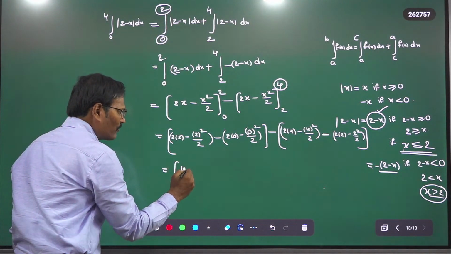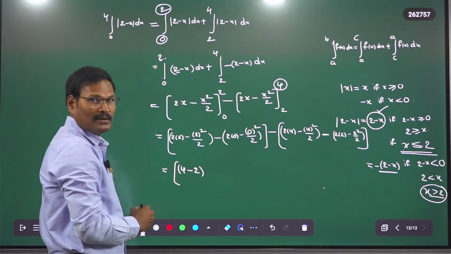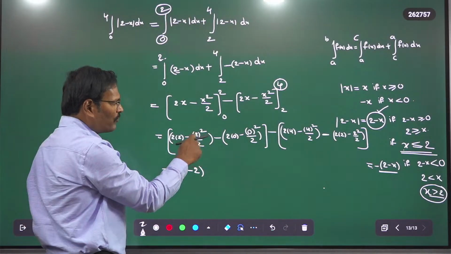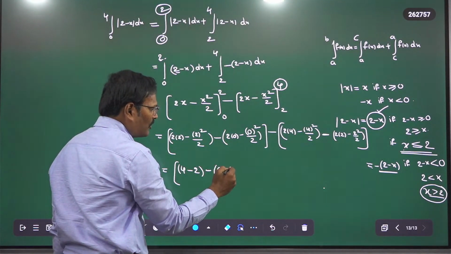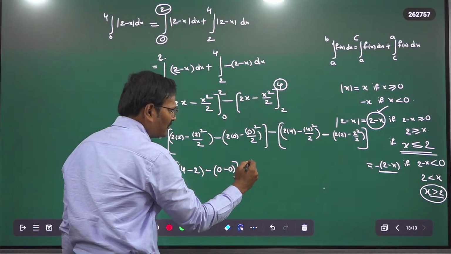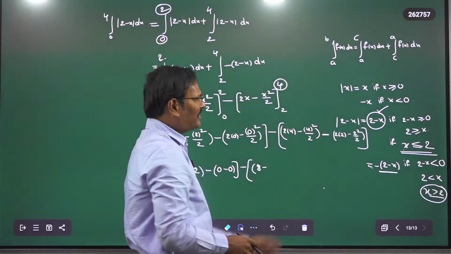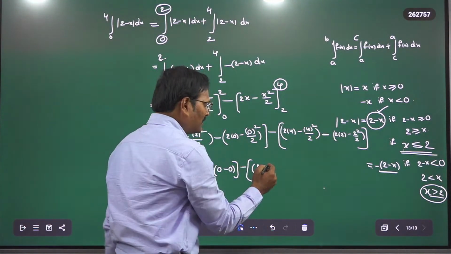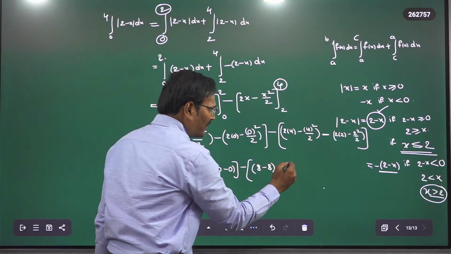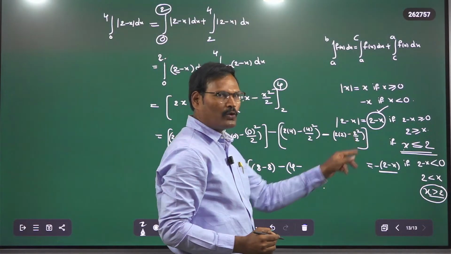So 2 twos are 4, and 4 by 2 means 2, minus 0 into something is 0. Minus, 2 fours are 8. Here 4 square is there, 4 square means 16, 16 by 2 means 8. Minus, 2 twos are 4, 2 square means 4, 4 by 2 means 2.